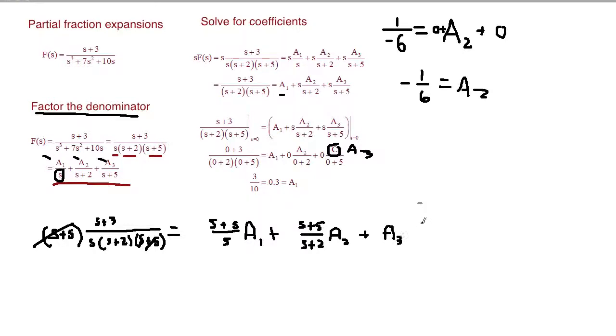Now I evaluate everything here at s equal negative 5. Okay, that's because that's where s plus 5 is 0.